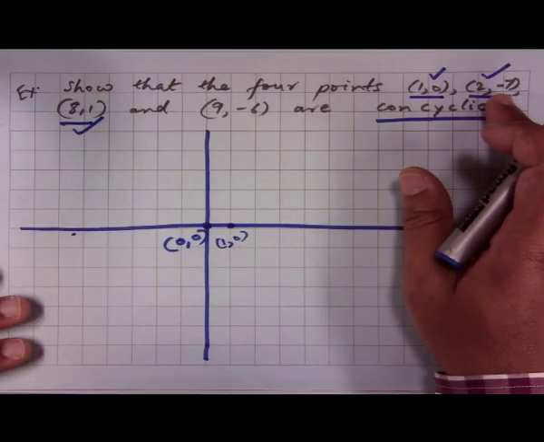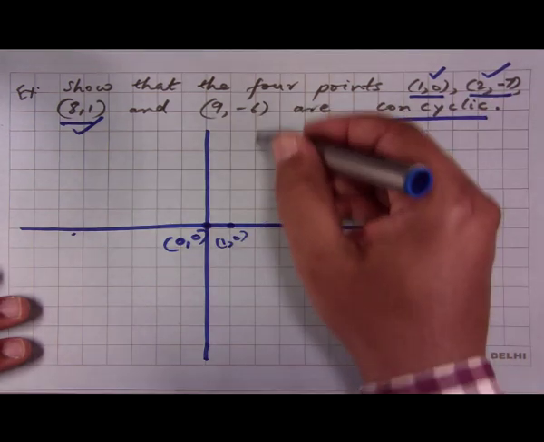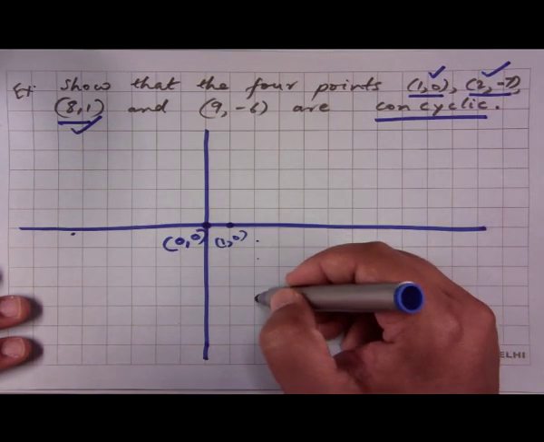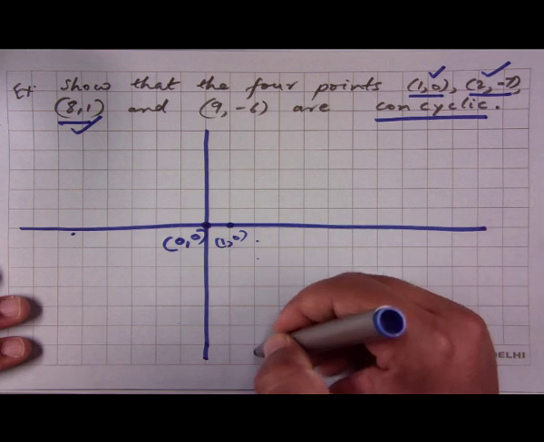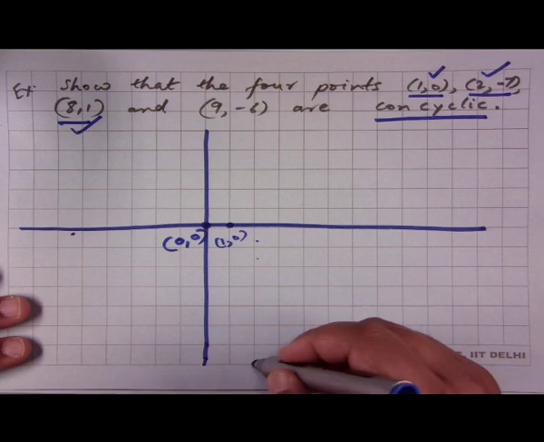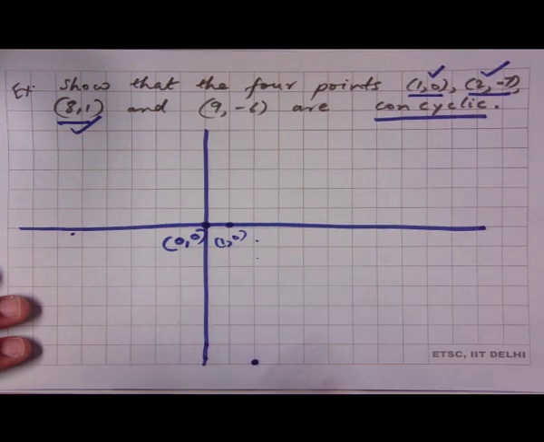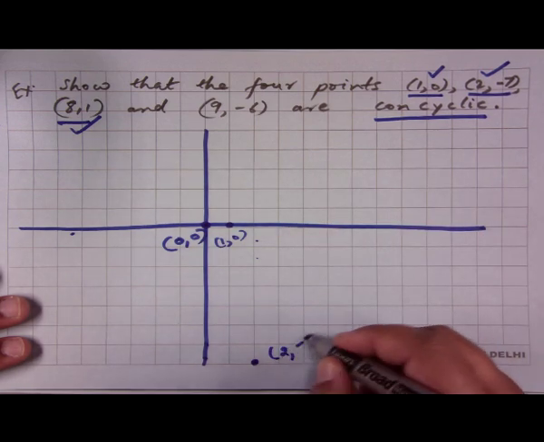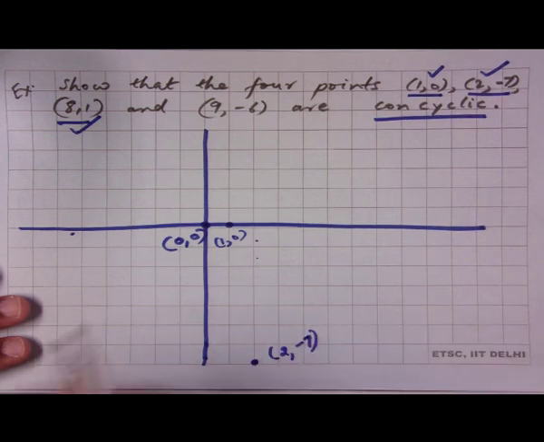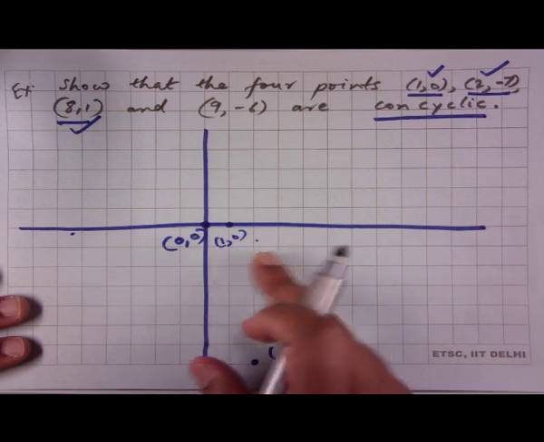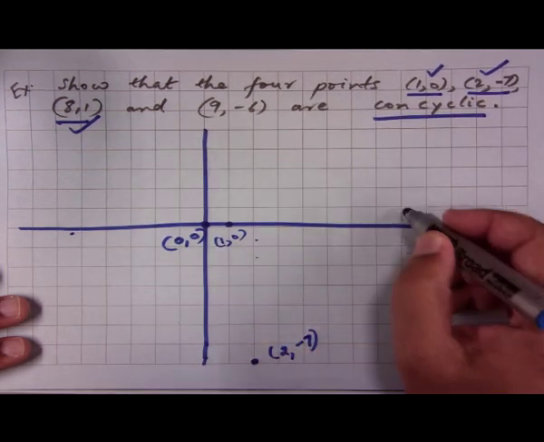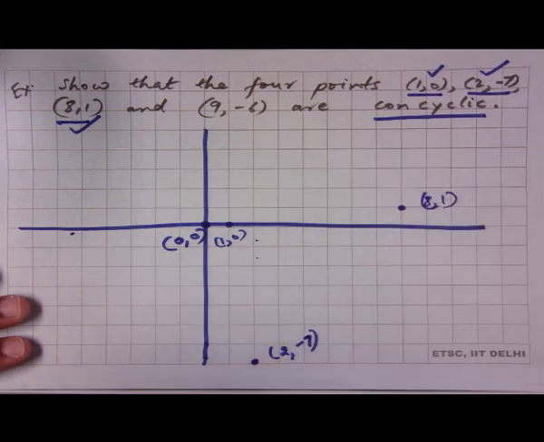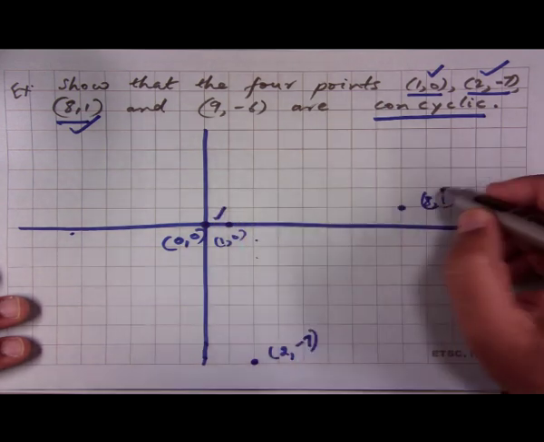The point (2, -7) will be somewhere on this vertical line, so it is somewhere here, because this is 7 units. And the third point is (8, 1), so these are the 3 points.